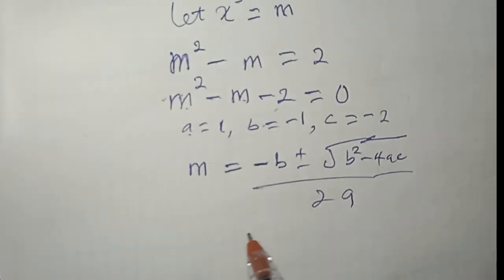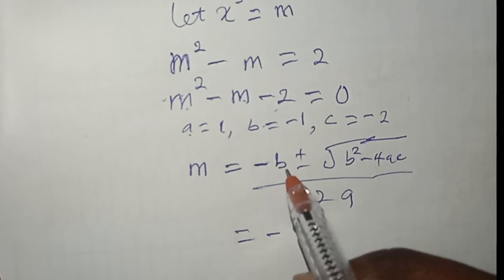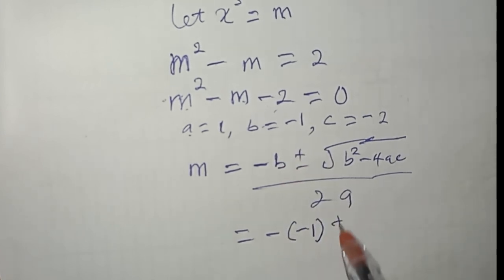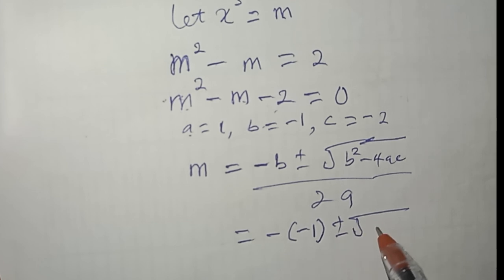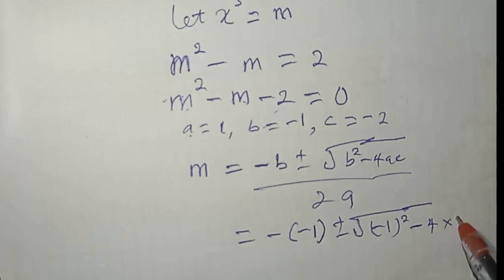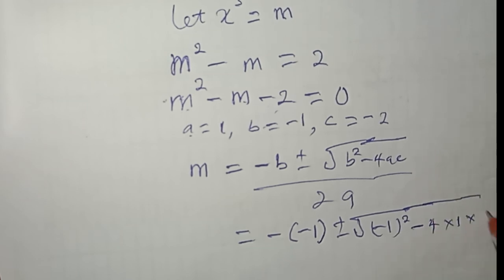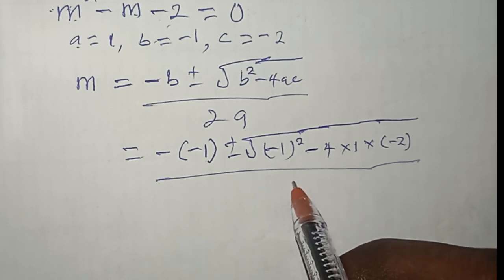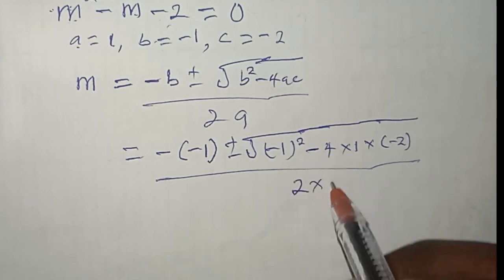So substituting all of the terms right there, b is minus 1, so I'm going to be having minus minus 1 plus or minus the square root of minus 1 squared, and then of course minus 4 times 1 times c, which is minus 2, and of course it's all divided by 2 times 1.